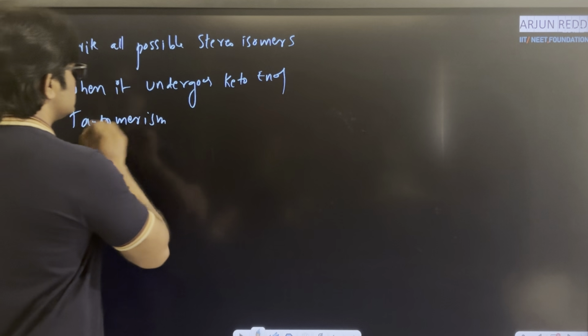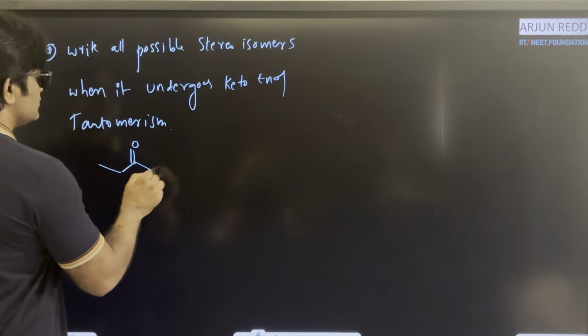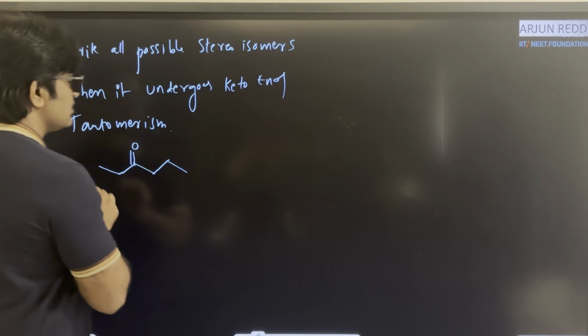That is the question. And your given compound is like this: C double bond O, CH2, CH2 and CH3. This is the given question.